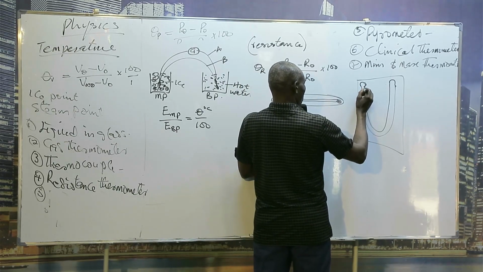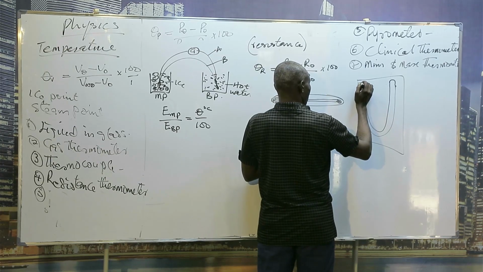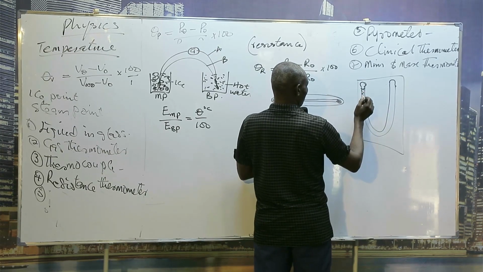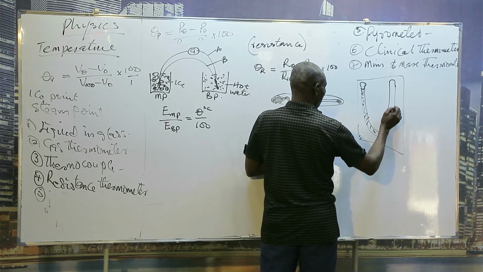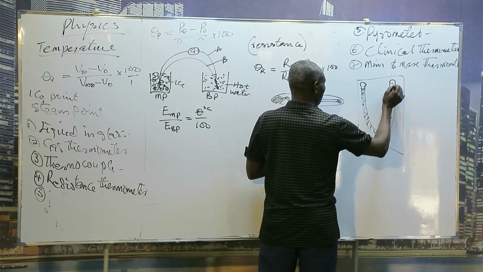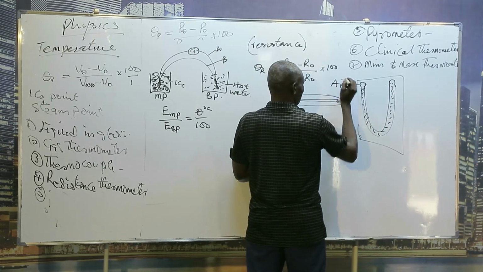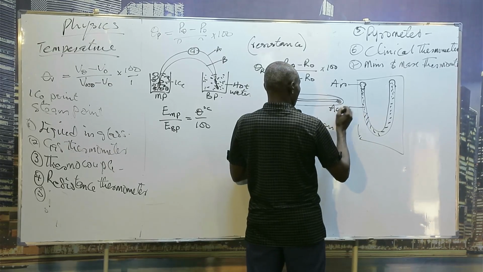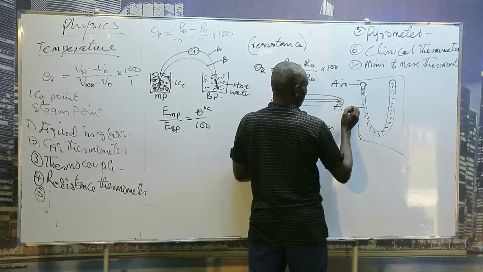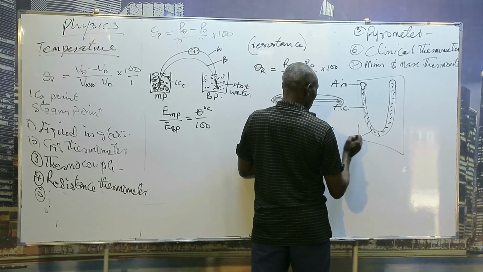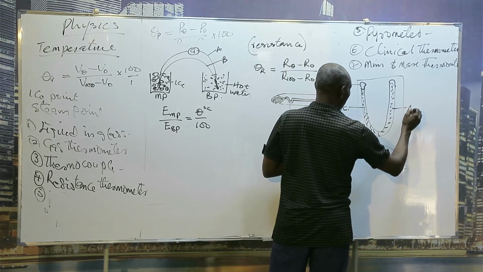It has air here, then alcohol, mercury, alcohol. When you look at this, you discover I have air, alcohol, mercury, alcohol.